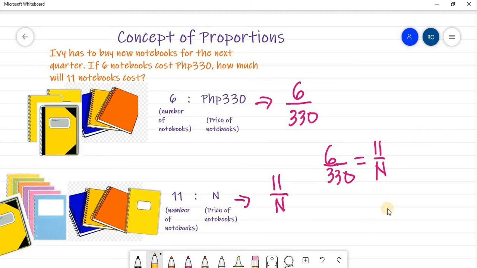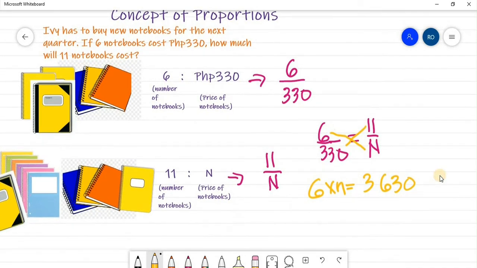We have 6 times n is equal to 11 times 330. 11 times 330 is 3,630. So 6 times n is equal to 3,630.